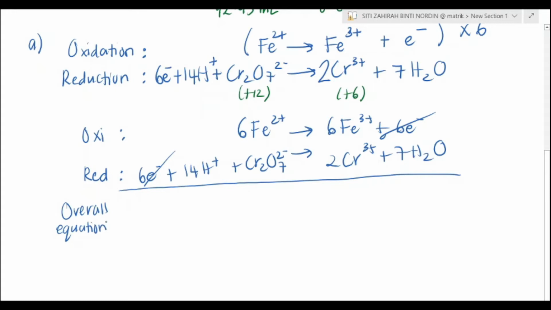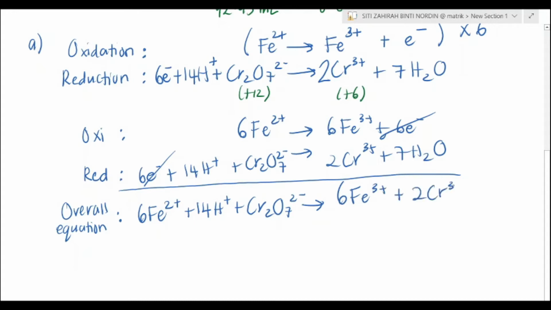It's up to you whether you want to write it in the exam or not. The overall equation would be 6Fe2+ plus 14H+ plus Cr2O7 2- gives 6Fe3+ plus 2Cr3+ plus 7H2O.